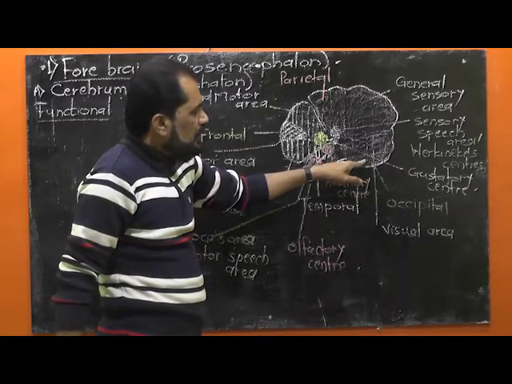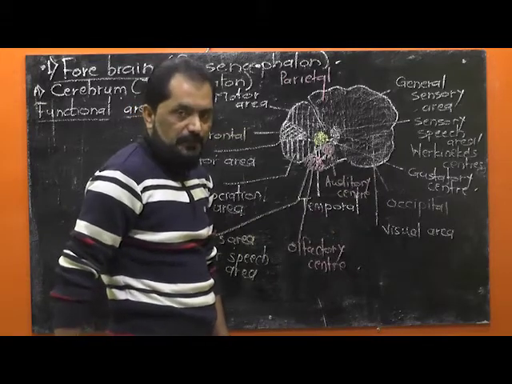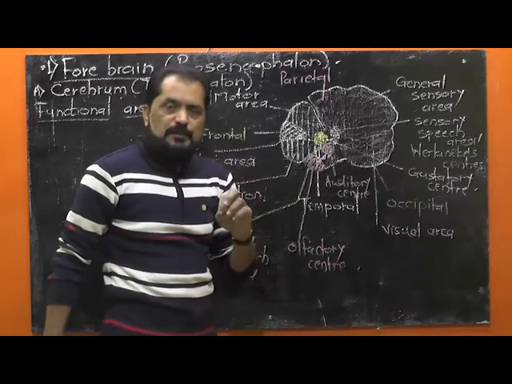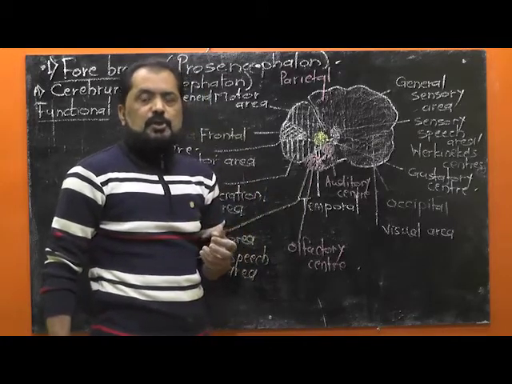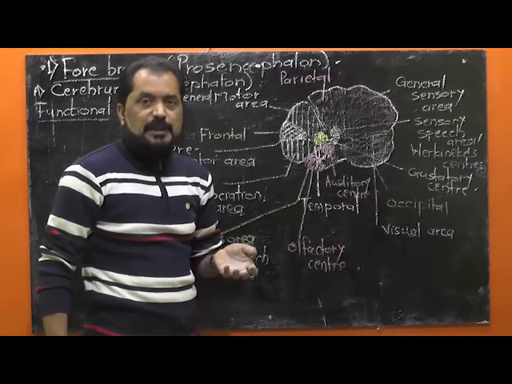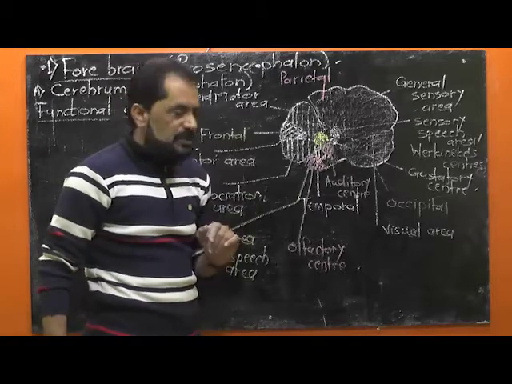Occipital lobe shows presence of visual area and visual association area. It means it is mainly concerned with the sense of vision, to perceive the stimulus of vision, and analysis and interpretation of those impulses and storage of necessary information.